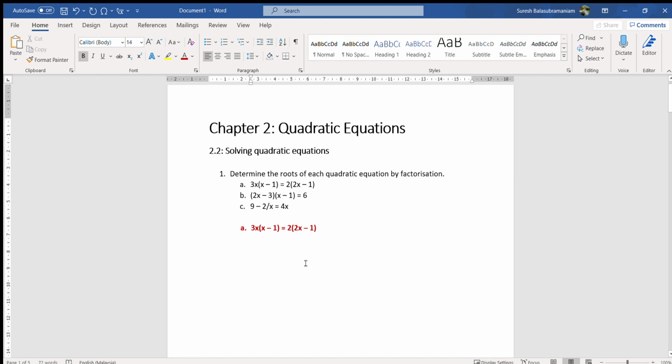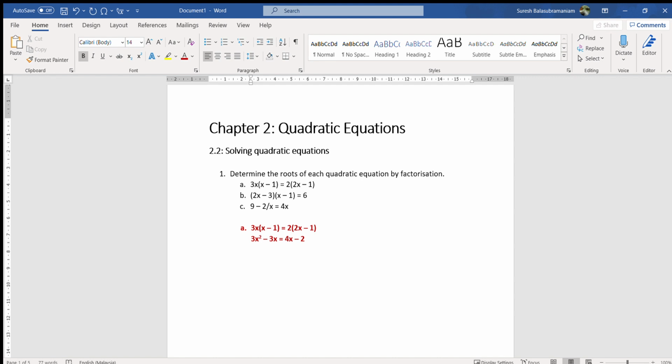Okay, so question A: 3x(x - 1) = 2(2x - 1). We expand that. When we expand, we get 3x² - 3x = 4x - 2.